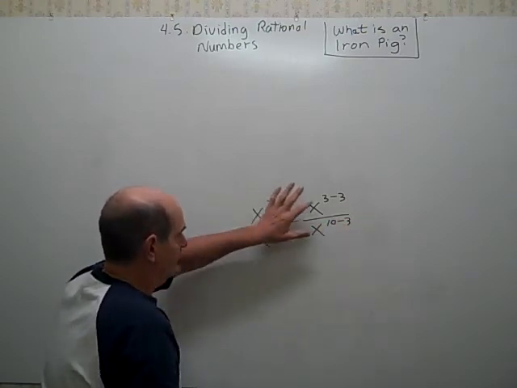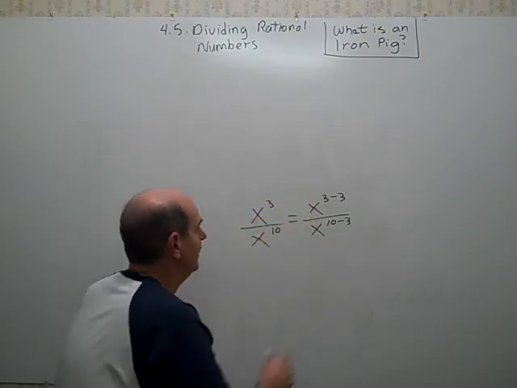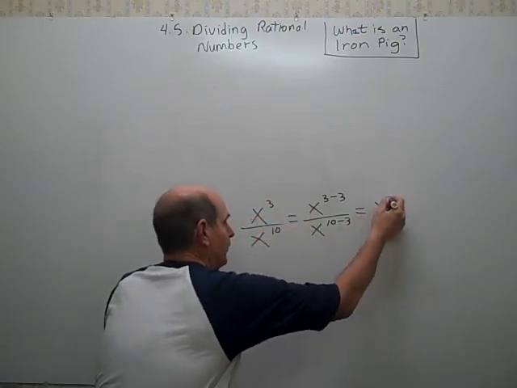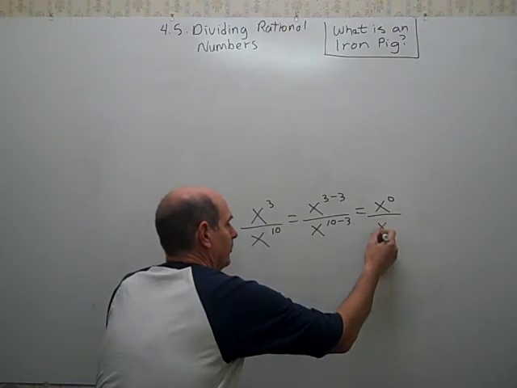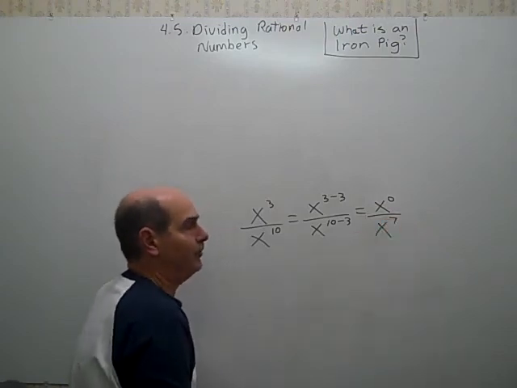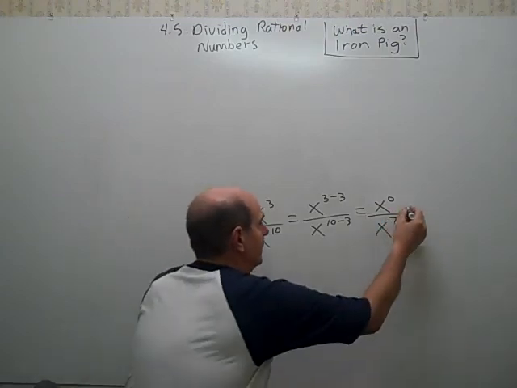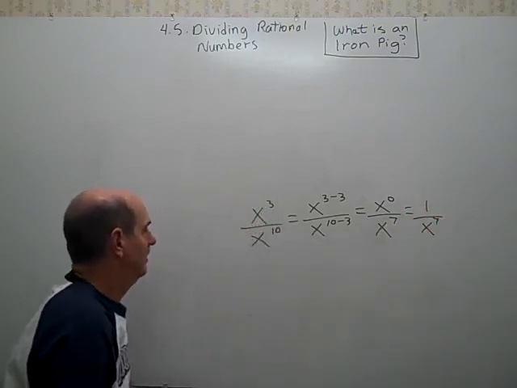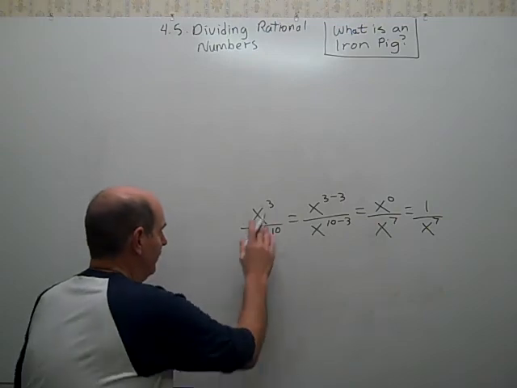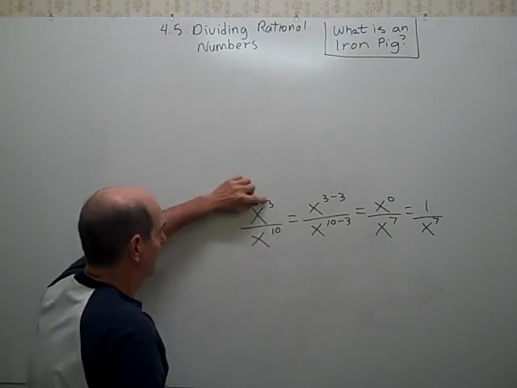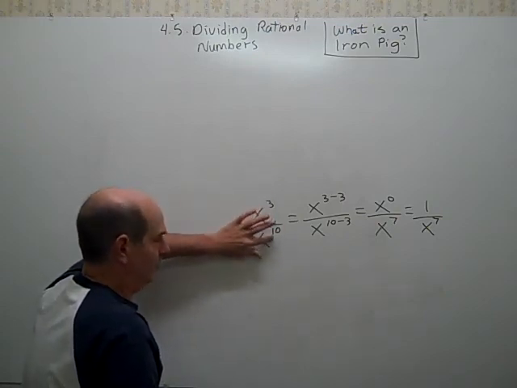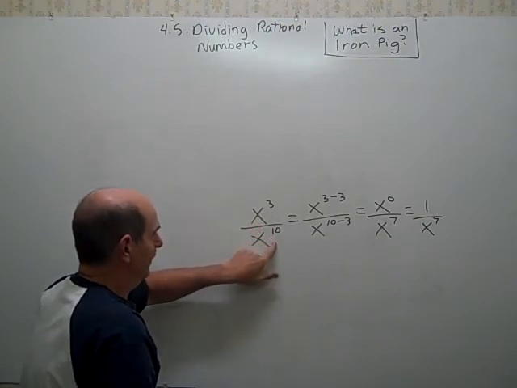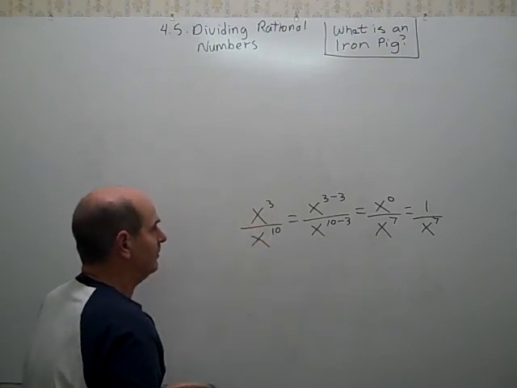Cancel out the same number of x's is basically what this is showing, which should be x to the 0 over x to the 7th, and any number to the 0 power is worth 1, so this would be 1 over x to the 7th. If you wrote that out, you would cancel out 3 x's in the numerator and 3 x's in the denominator, leaving you 7 in the denominator.